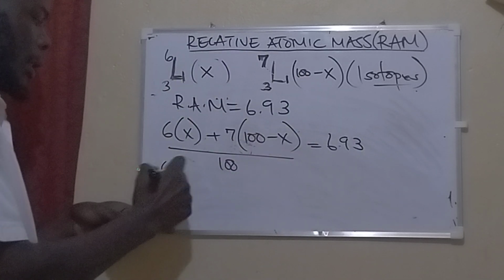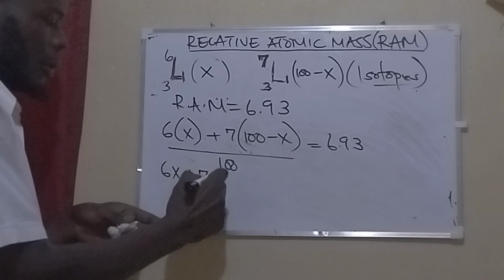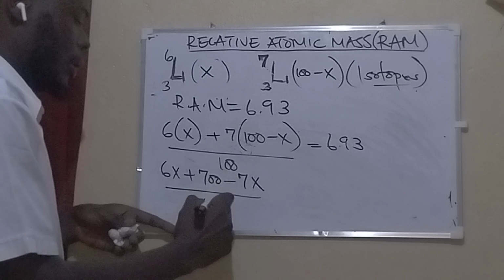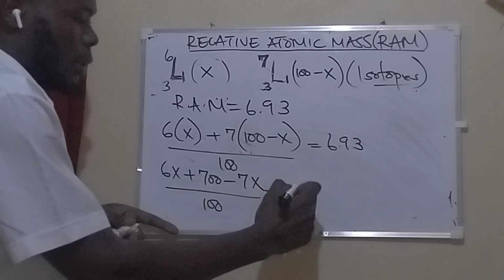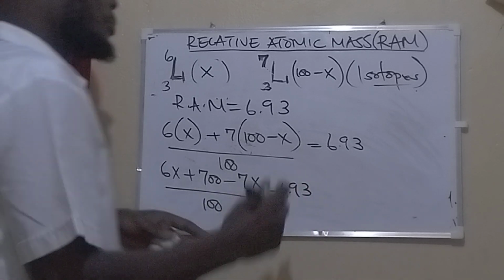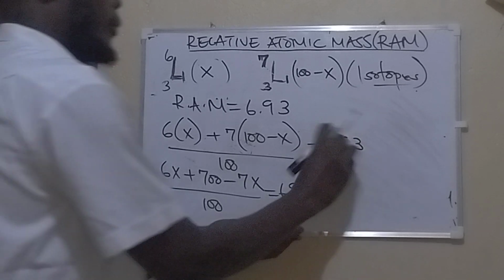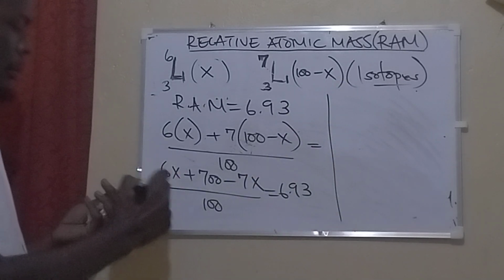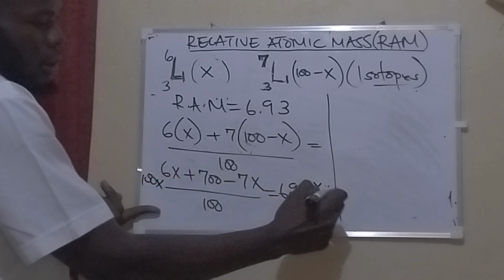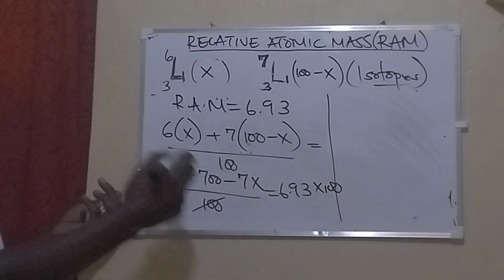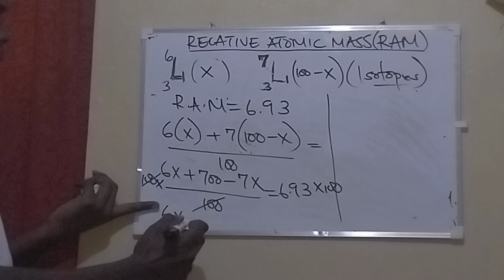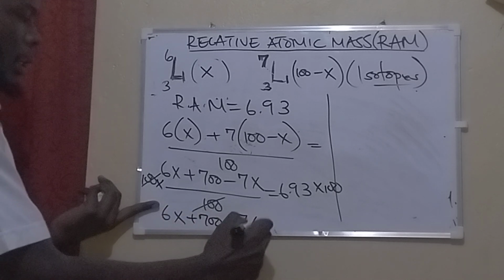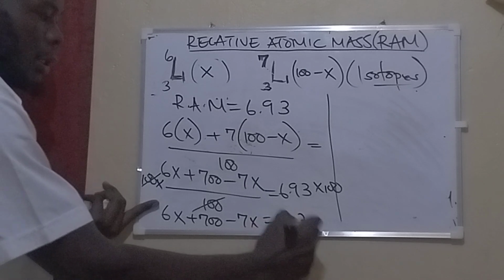So this one will give you 6x plus 700 minus 7x over 100 is equal to 6.93. So you can multiply by 100 both sides. This one and this one will cancel, so you'll have 6x plus 700 minus 7x is equal to 693.